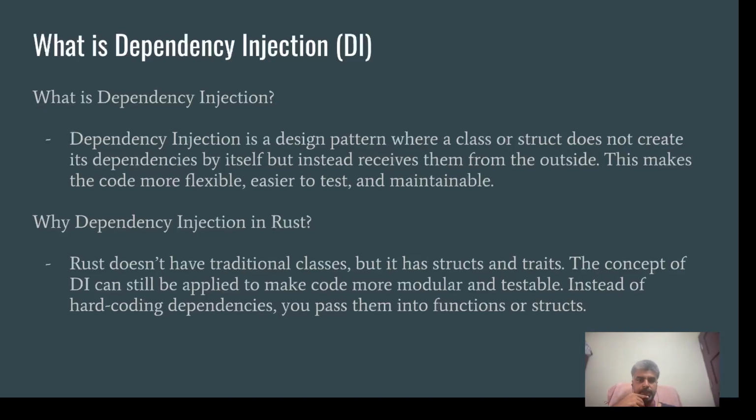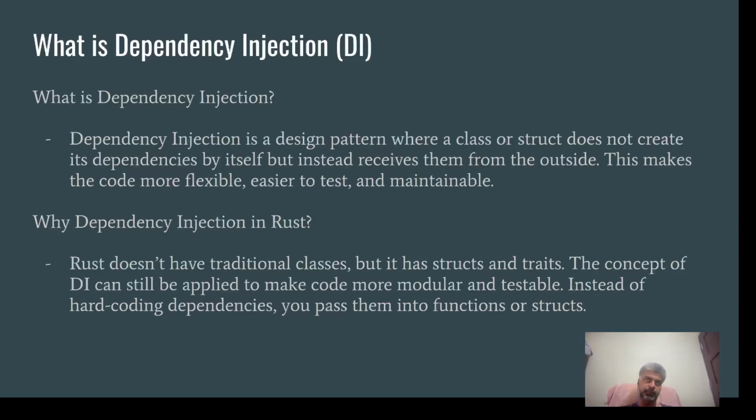Why dependency injection in Rust? Rust doesn't have any traditional classes like Java, C Sharp kind of. Rust has got structs and then traits. Rust doesn't have inheritance, multi-level or multiple, whatever it is. So the concept of dependency injection, you can still apply it in Rust by using Rust traits on Rust structs.